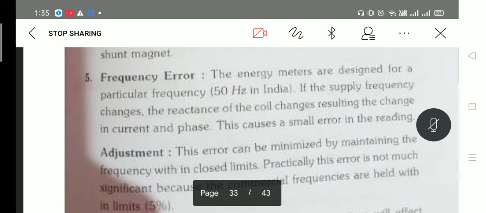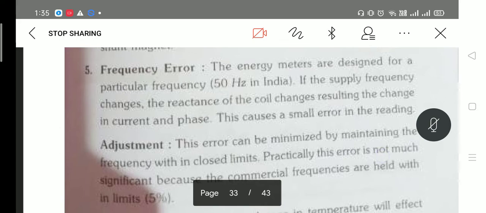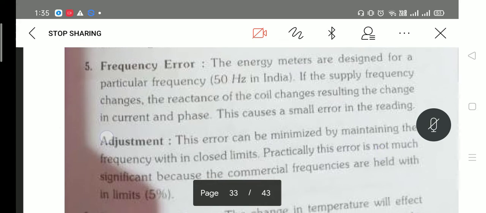Frequency error. Almost all the equipment works at 50 hertz frequency. We cannot change the supply frequency. If it changes, the current phase will also change, and we will get small errors in the reading.